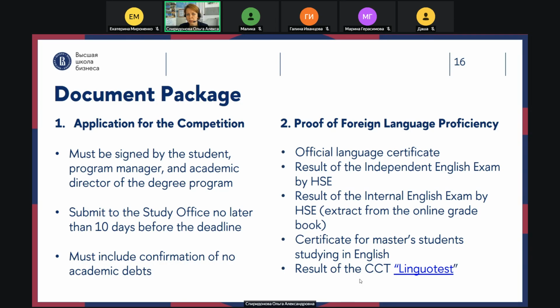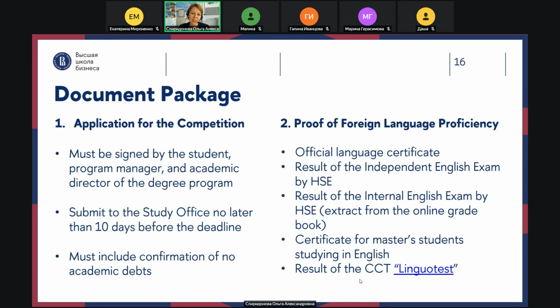When a lot of students come on the last day and say, "Oh, please sign it for me, I really need it," it can be very stressful, and of course it takes a lot of their time. That's why we write no later than 10 days. Of course, some students bring them sometimes the day before the deadline, but to be polite, it would be very good if you did it earlier.